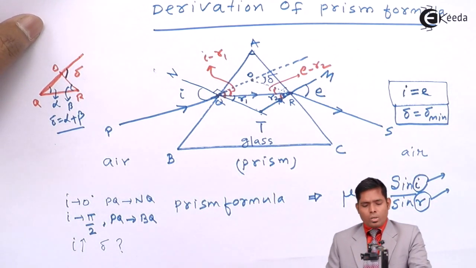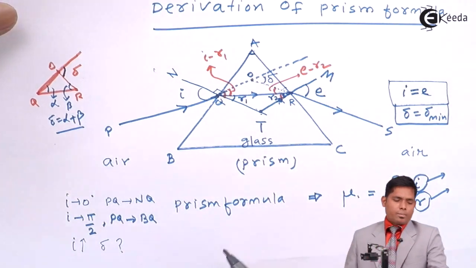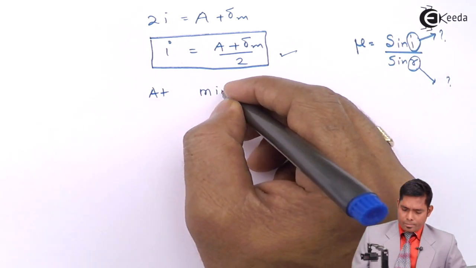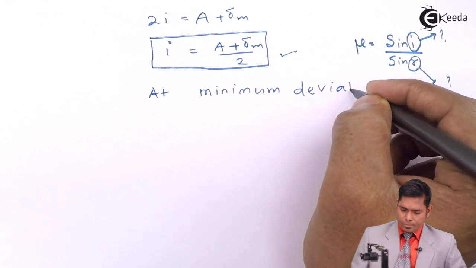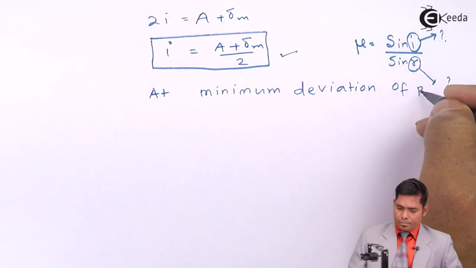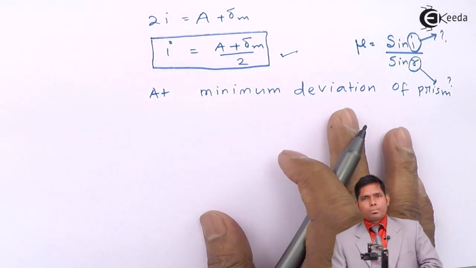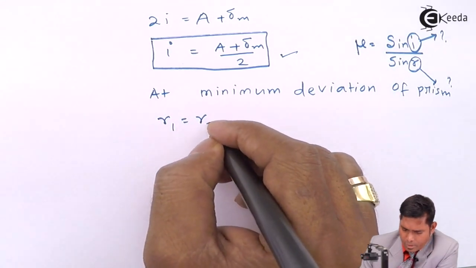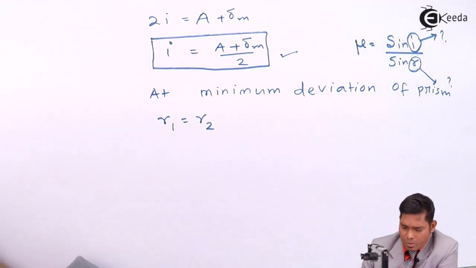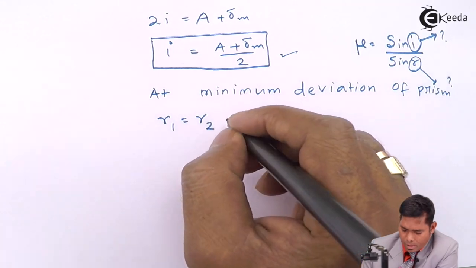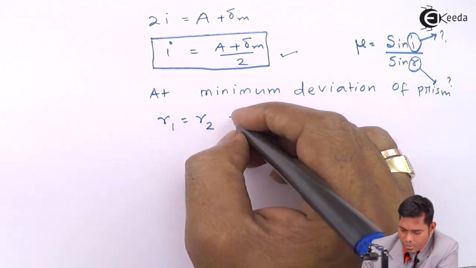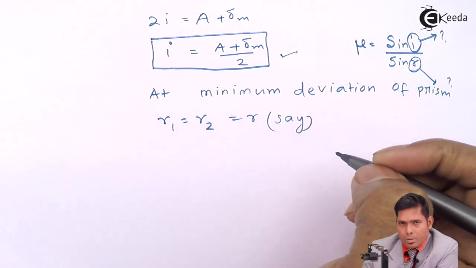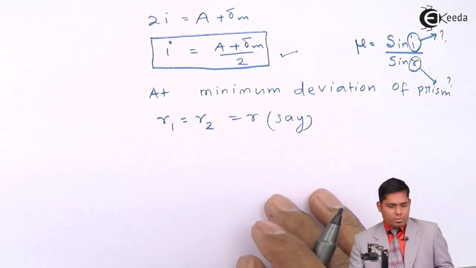If it is so, then this R1 and this R2 are same. So at minimum deviation of prism, R1 and R2 are same. I will call this R, and I'll put this in the equation.